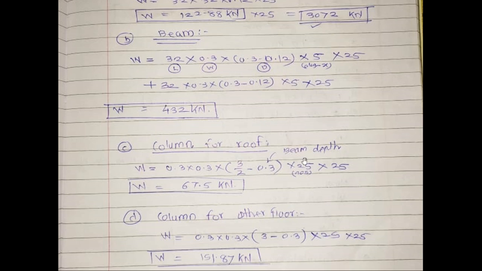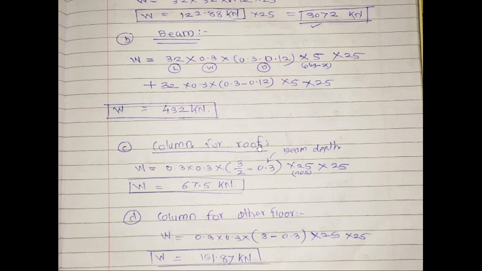Here 0.3 is the beam depth, because this depth is to be subtracted as we have already calculated the weight of the beam. Similarly, y direction calculations are to be done for the beam. I forgot to tell that.